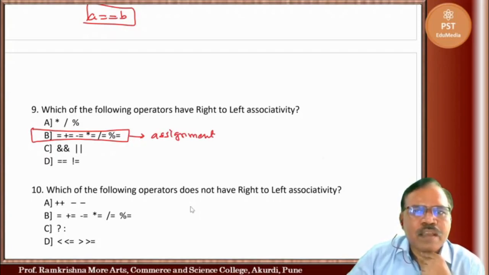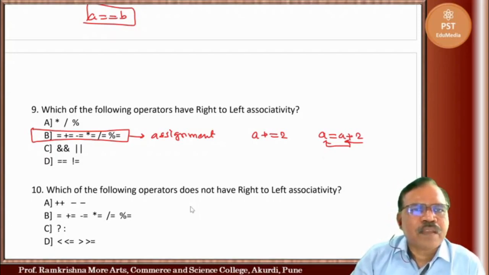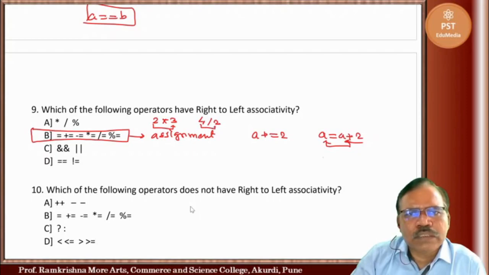A plus equal to means A equal to A plus 2, so first this one is calculated and then given to A again. If we have 2 star 3, it means 2 is multiplied with 3. 4 divided by 2, so here 4 is divided by 2 and so on.